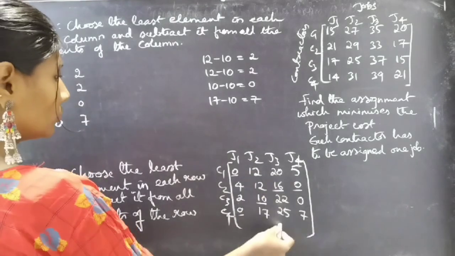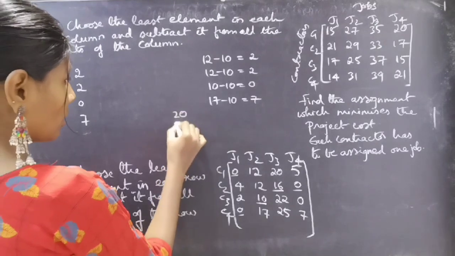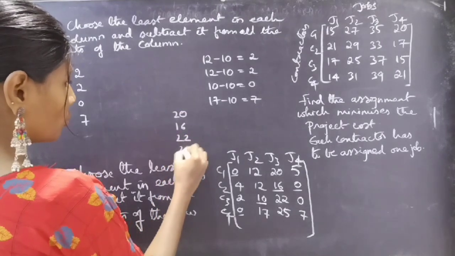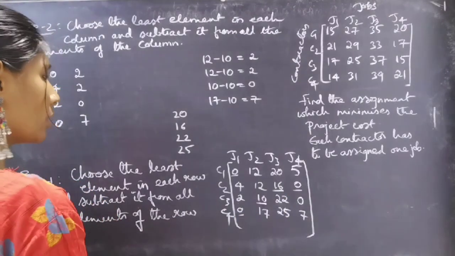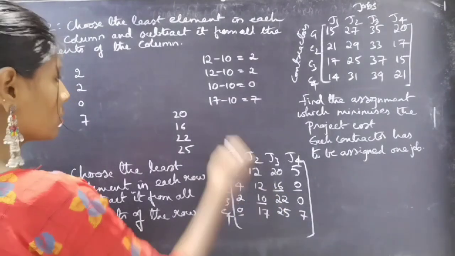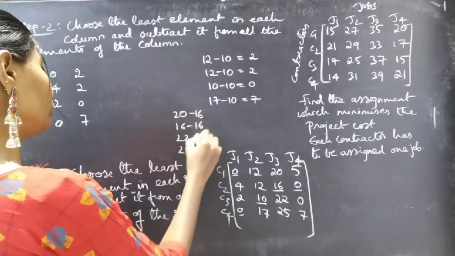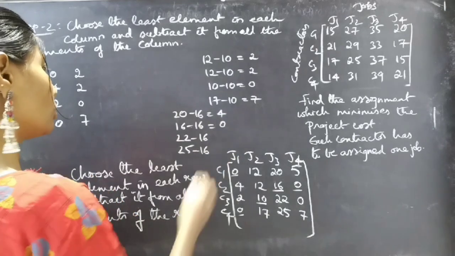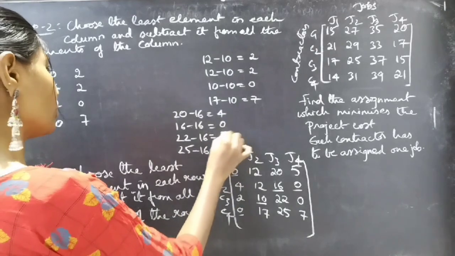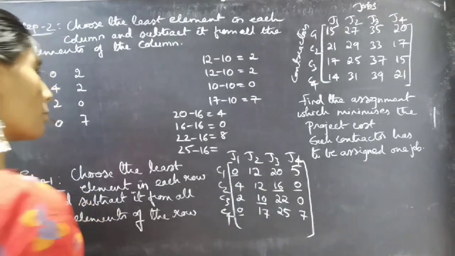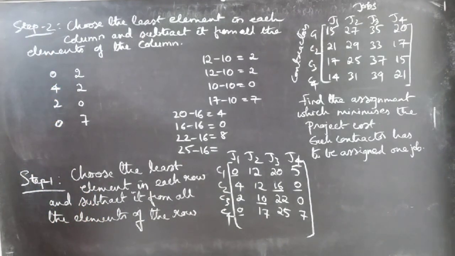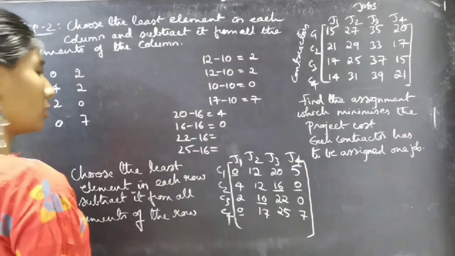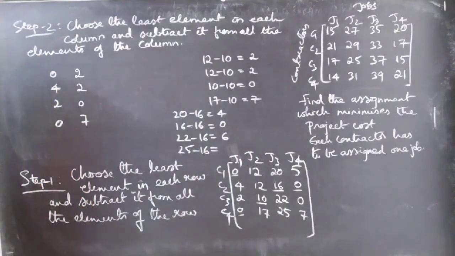Now consider the third column. We have 20, 16, 22, 25. So here 16 is the least element. So we need to subtract 16 from all these entries. 4, 0, 22 minus 16 is 6, 25 minus 16 is 9.